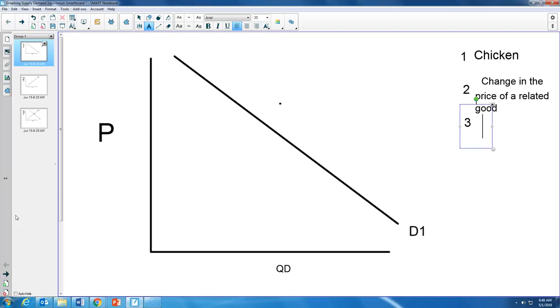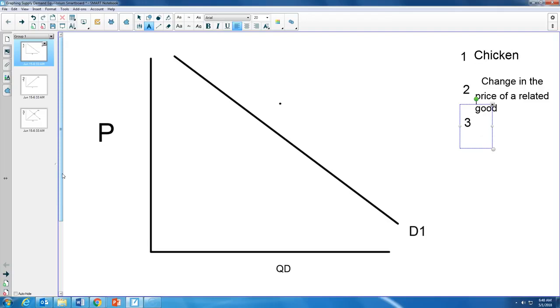Now, as it said, because we answered no, the price of the original thing we were graphing, chicken, did not change, we will be shifting this curve. So we go back to the problem, and we draw this graph exactly as you see it, and then we ask ourselves the question: when the price of steak increases and people buy less steak, are they more or less likely to demand chicken?